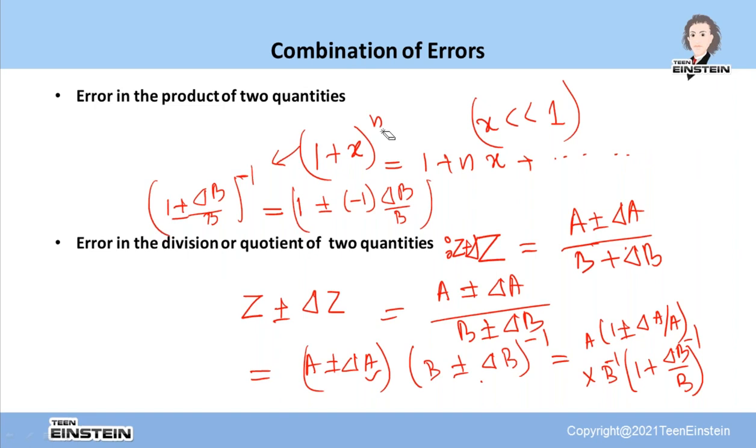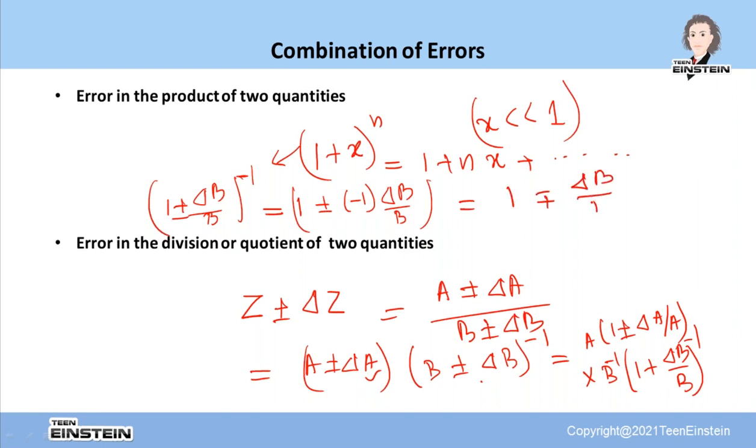This is the approximation I have used here. Okay. See, I have used, so I'll get minus or plus delta b by b. And see, I had this one as well.